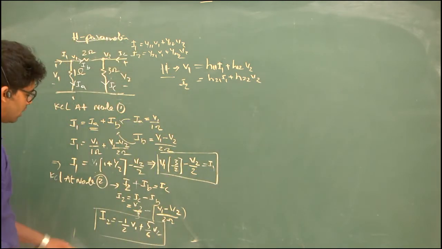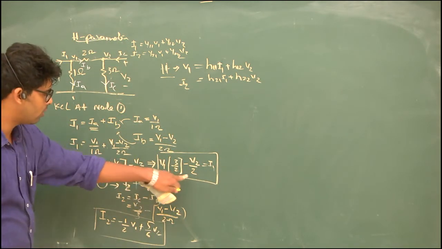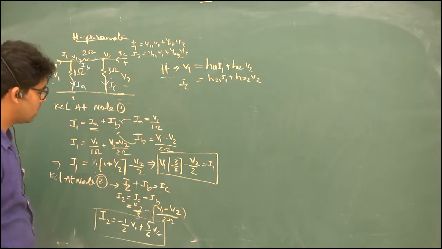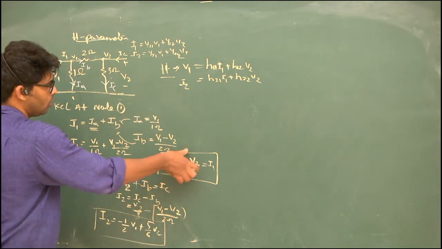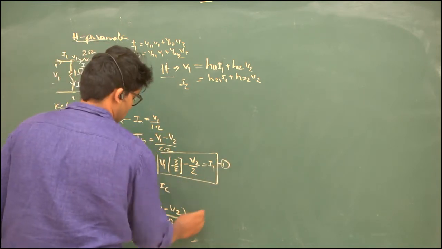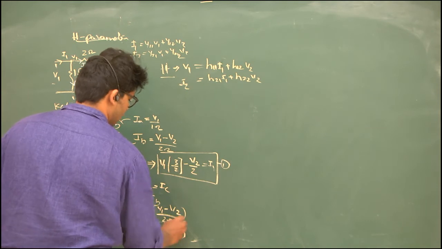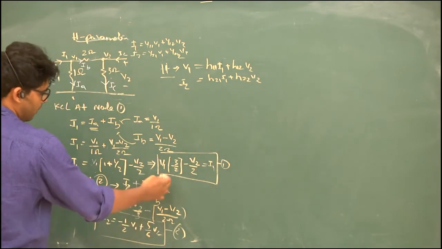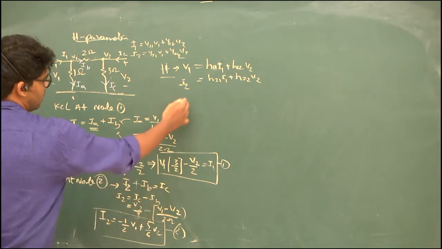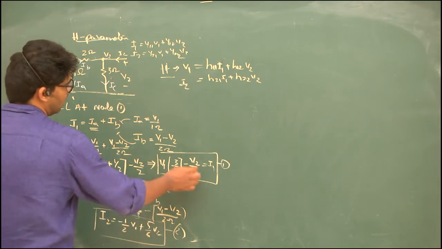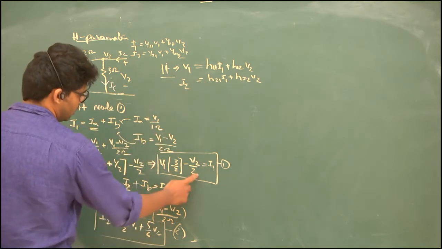So you got these two equations, I1 equal to this form and I2 equal to this form. Let us call them equation 1 and equation 2, and the H equations equation 3. Is there any chance to get the H parameters from these equations?